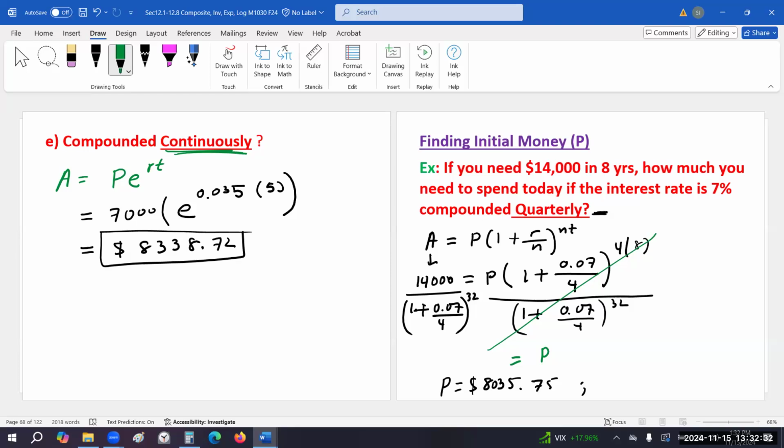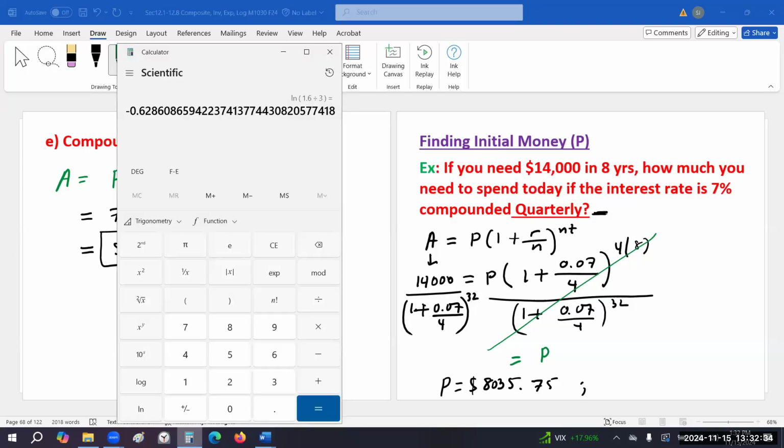So let's see in my calculator how I'm going to do it. 14,000 divided by a big parenthesis. I actually had to put a double parenthesis, one for this and one for the power. So 1 plus 0.07 divided by 4.